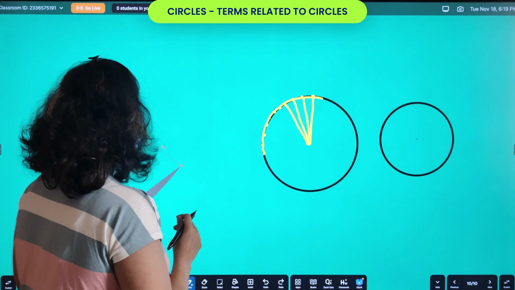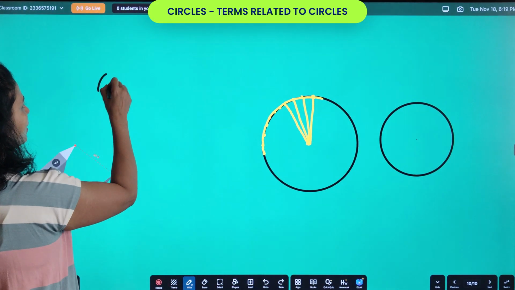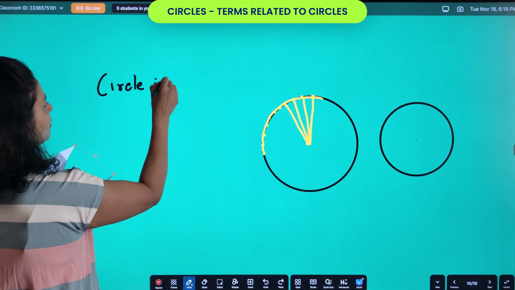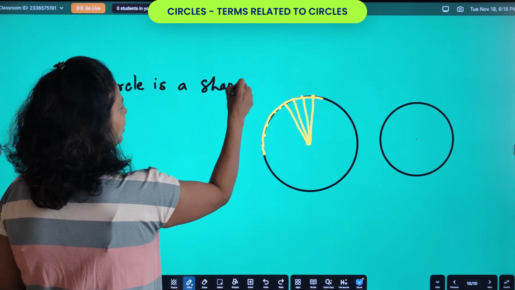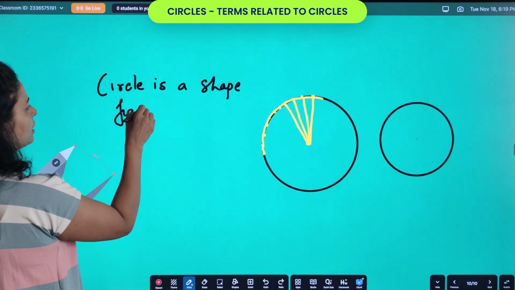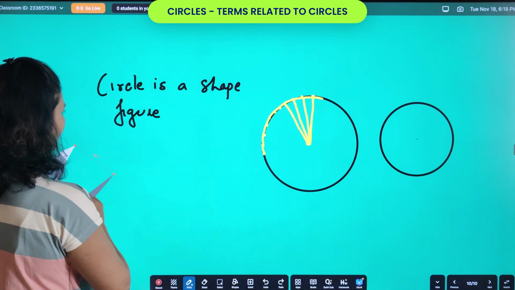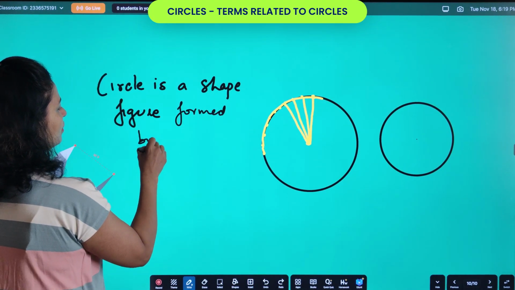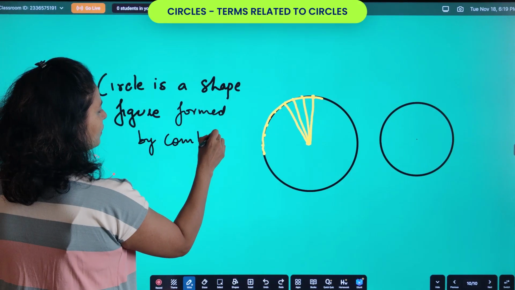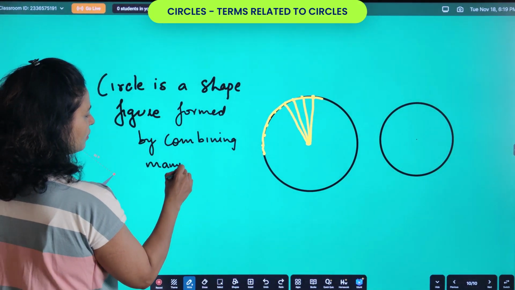So how do we define a circle? A circle is a shape or a figure, you can call it a shape or a figure also, formed by combining many points.